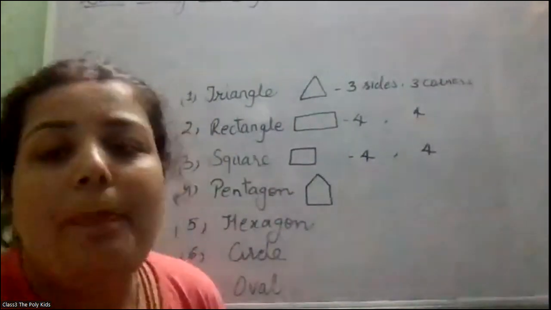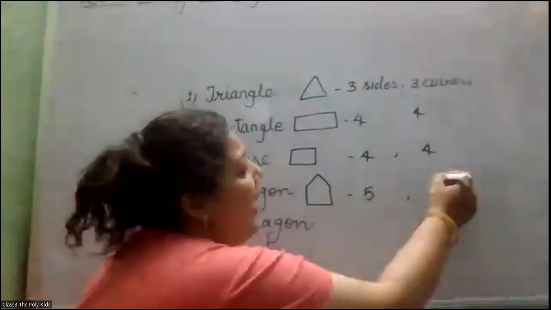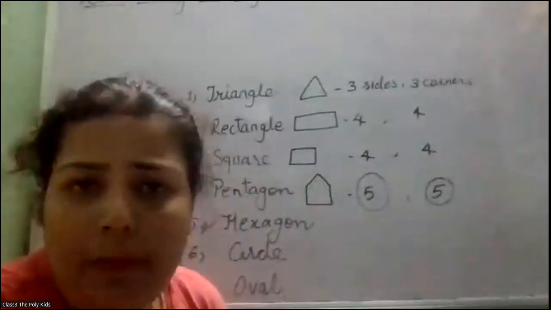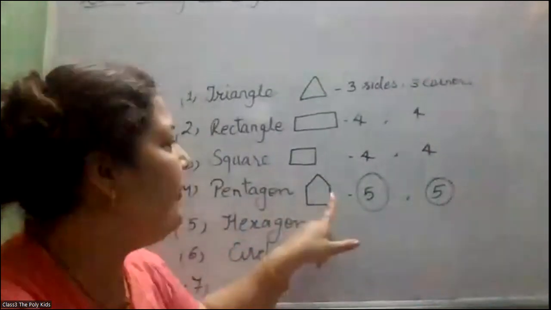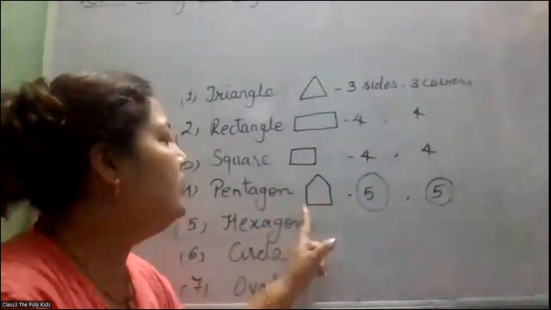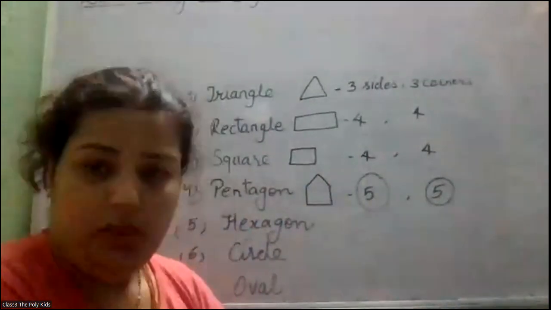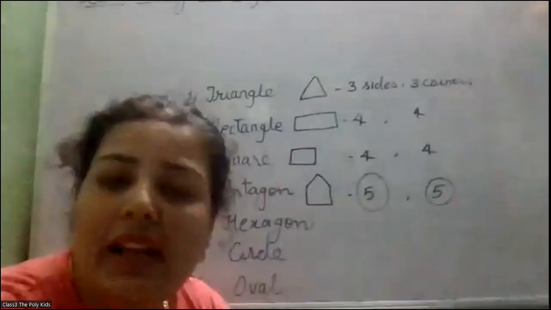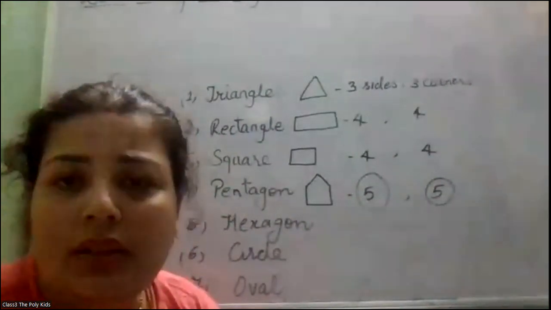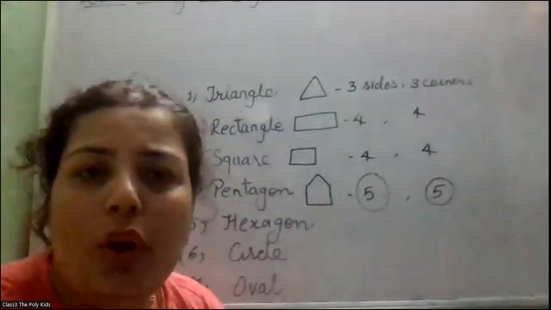So a pentagon has 5 sides and 5 corners. 1 corner, 2 corners, 3 corners, 4 corners and 5 corners. 5 corners are there. All right? Got it? Are you getting my point?